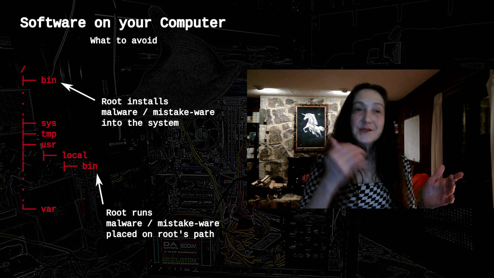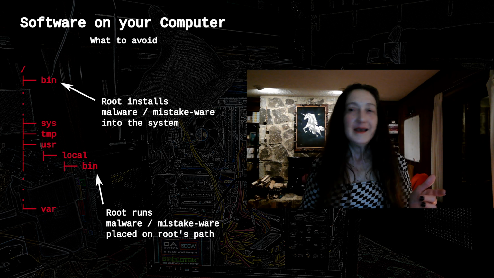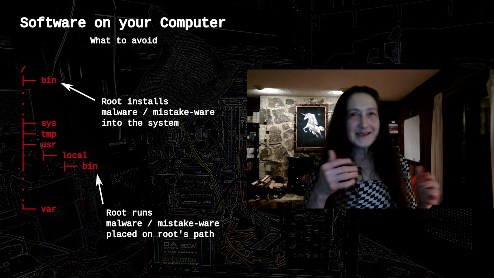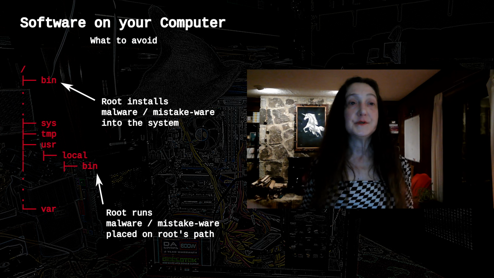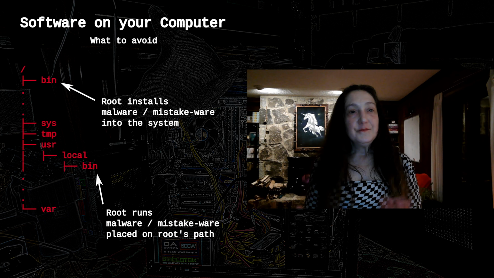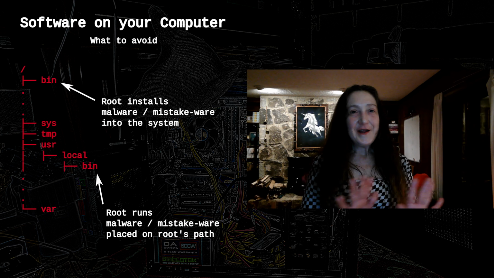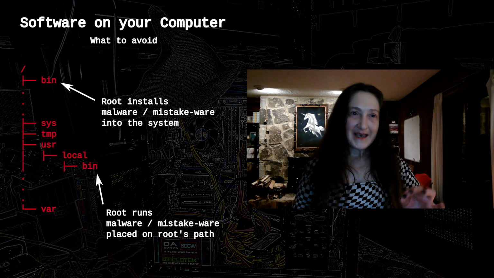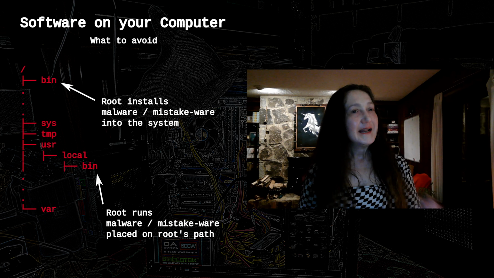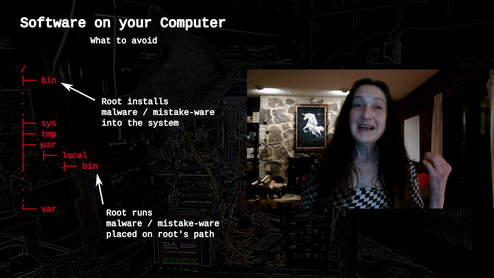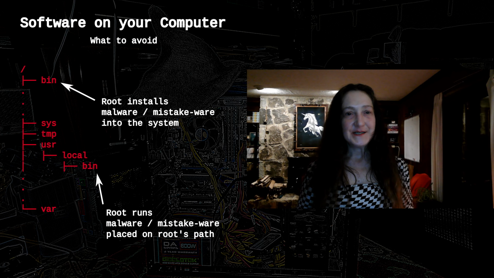Well, that doesn't help us because root still looks in that directory. And even if it's an unprivileged user who installed it, well, root comes along and runs it, and now root can do anything that code told root to do. So I like to not have anything that doesn't have to be root show up in any of those directories.